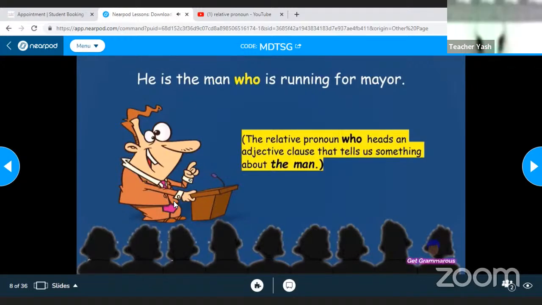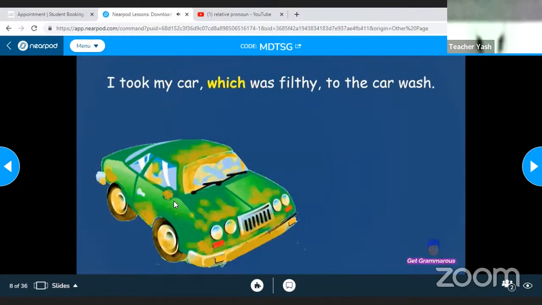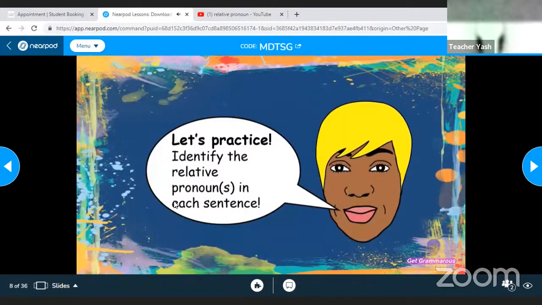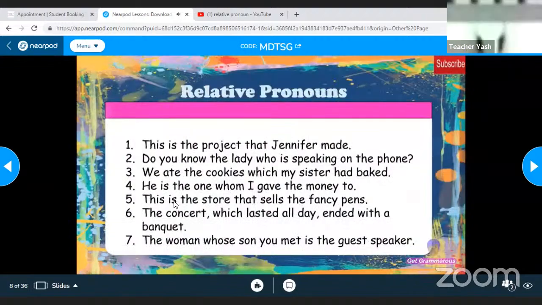Another example. I took my car, which was filthy, to the car wash. The relative pronoun which heads an adjective clause that tells us something interesting about my car. Time to get serious! Let's practice. Identify the relative pronouns in each sentence. Complete the mission.